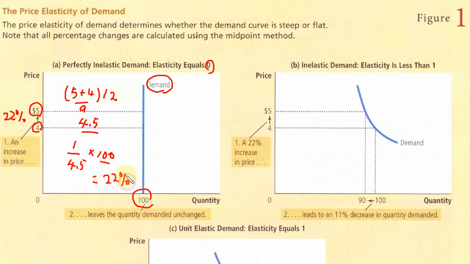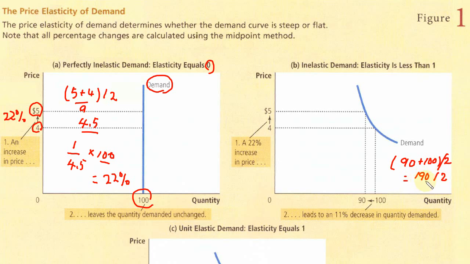And then what about this one? We use the midpoint term, and for this one too we can use the midpoint. The midpoint is 9 and 10, divided by 2, right? And then the midpoint is 109 divided by 2, right?